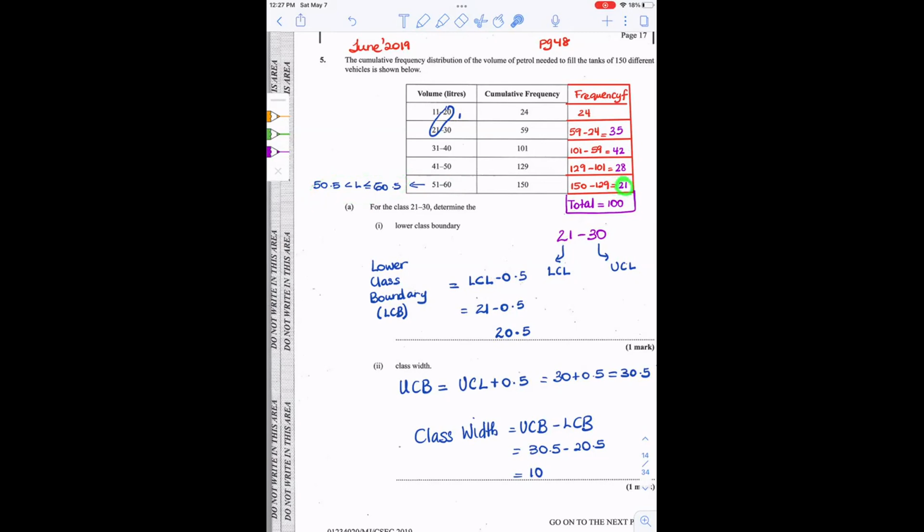So that is why at the start of the question, I told you to work out the frequency. Because here, children will see cumulative frequency and they will say, okay, this is 150. 150 is wrong. The answer here is 21, because 21 cars used that volume of petrol.